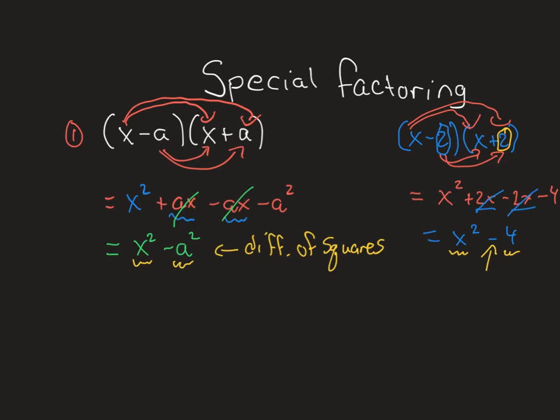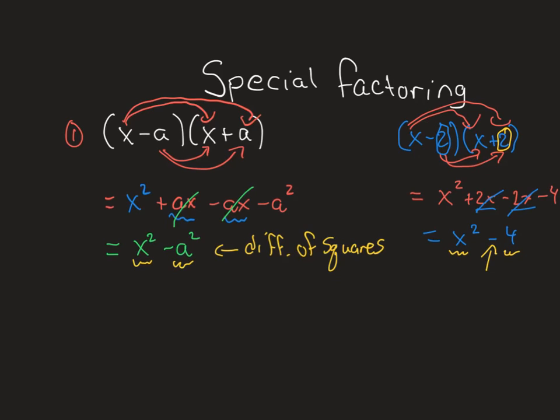So this leads us to a very special rule here, which is, can I go backwards with this? Well, yes, you can. I know I made my x squared minus 4 with x minus 2 multiplied by x plus 2.